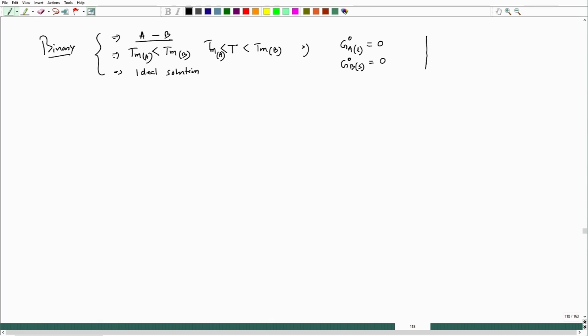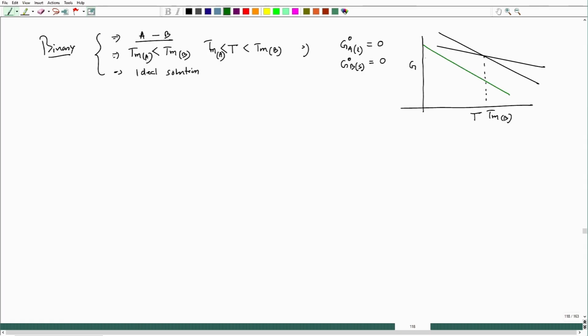And for that we have used the free energy hierarchy for pure metals. So, let us say this is my T m B and this was my T m A, and this is G A naught solid, this is G A naught liquid, this is G B naught solid, and this is G B naught liquid.